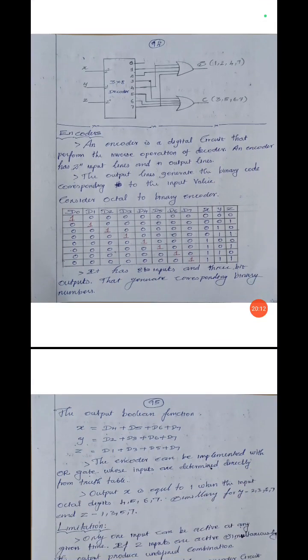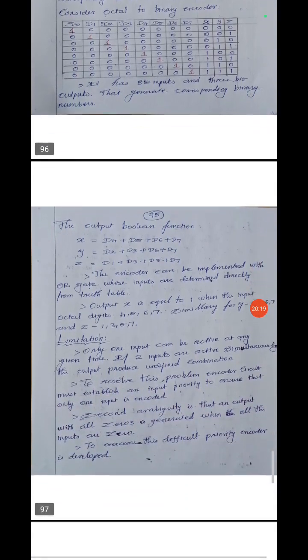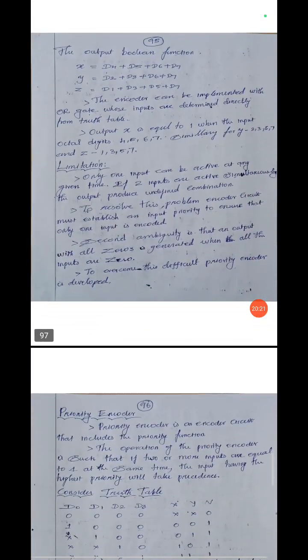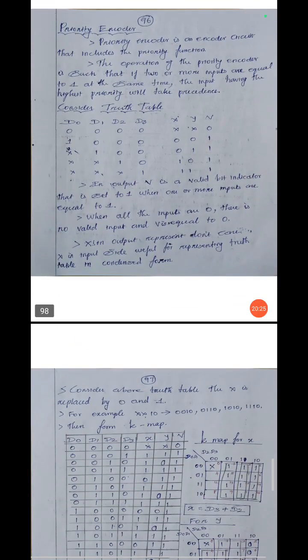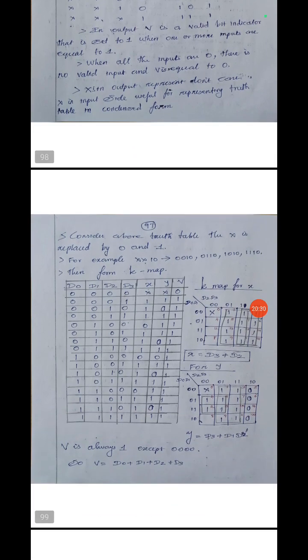Next one is the encoder. So you have to know the truth table. So 2 power n input and n output. Then parity encoder, even parity and odd parity. Okay.